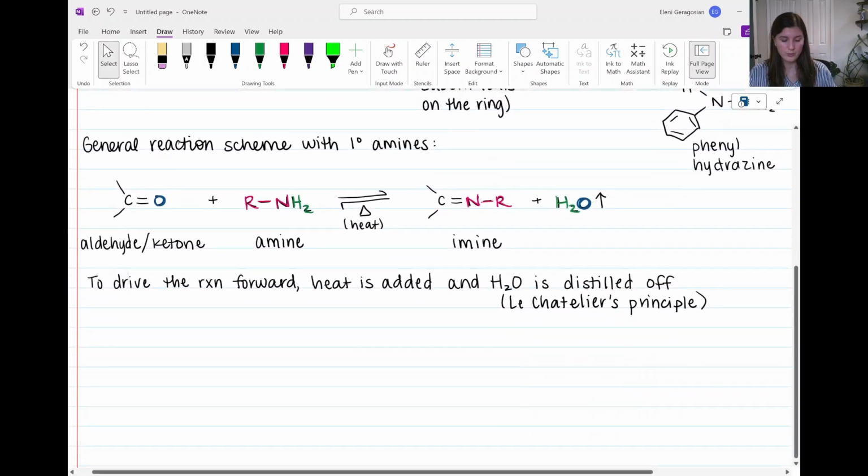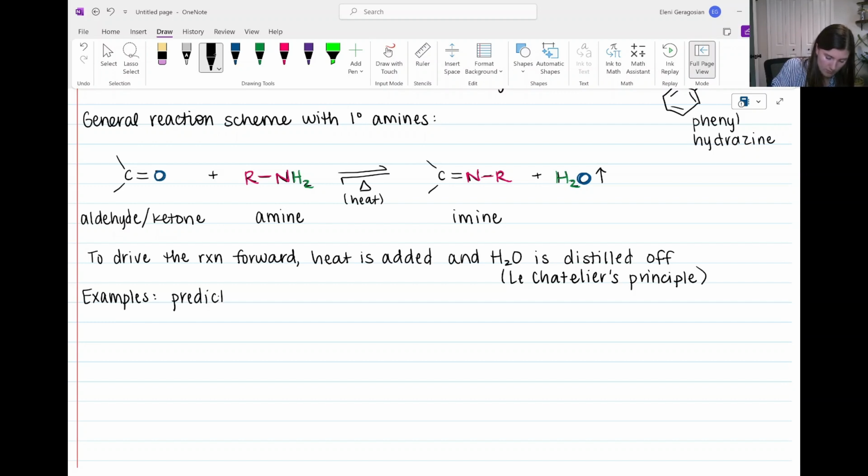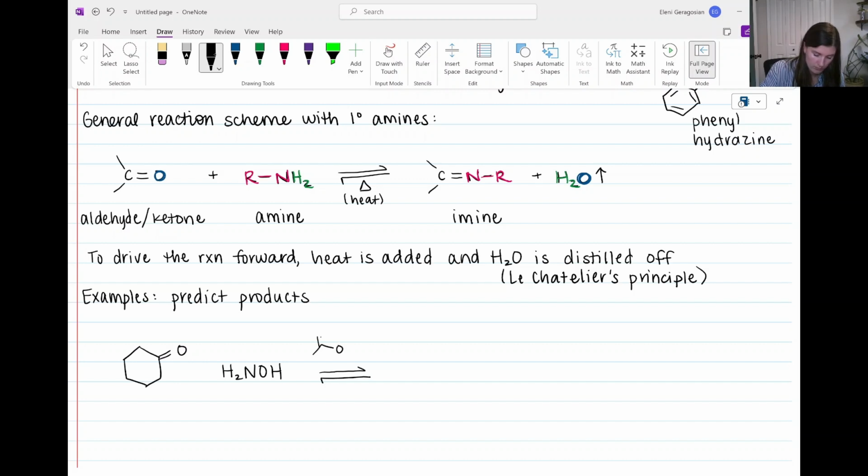So let's go through a couple of examples where we'll just predict the product. Now, you see I'm adding acetic acid here.